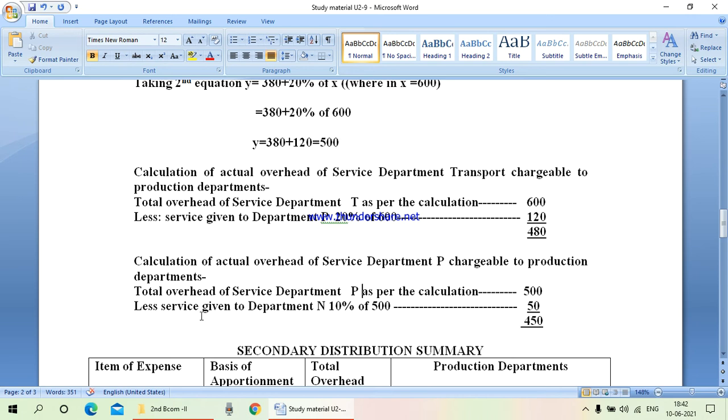Then less service given to the other department, department power supply. That is 10% of 500. So it is 50. So the total overhead of the power supply department to be apportioned among production departments is 450.